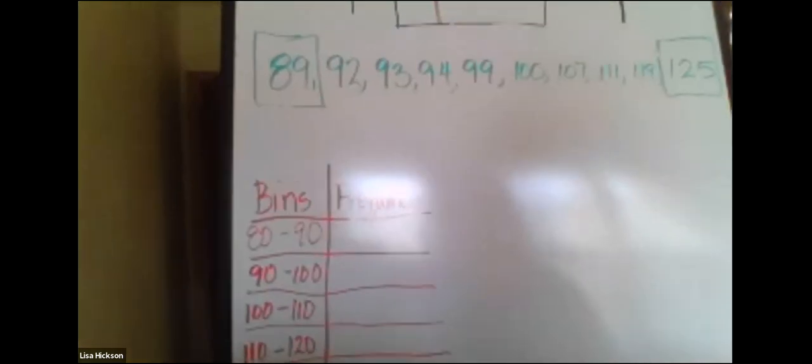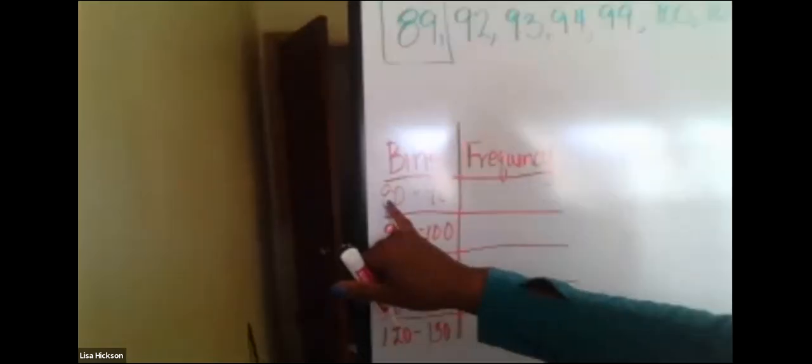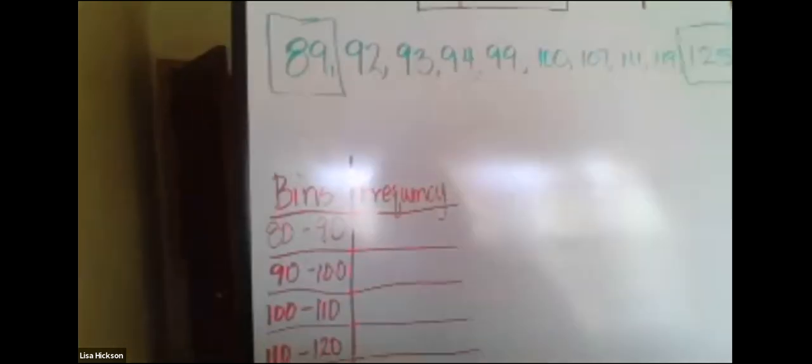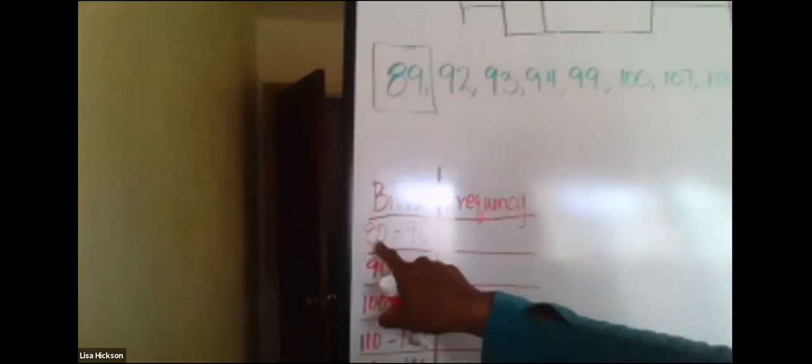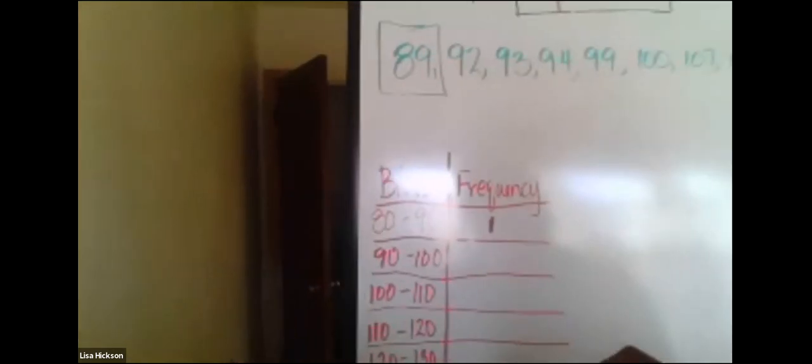Remember, in this first bin, we count from 80 to 89. Looking at the data, from 80 to 89, we have one value. This is the only thing that goes in 80 to 89.